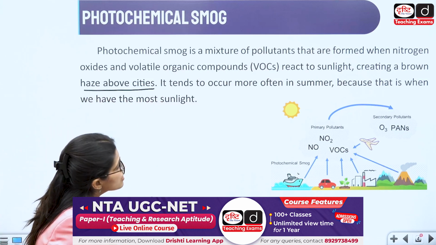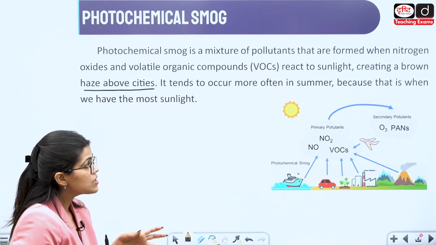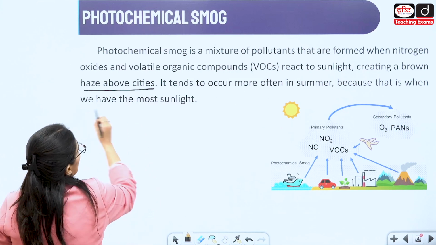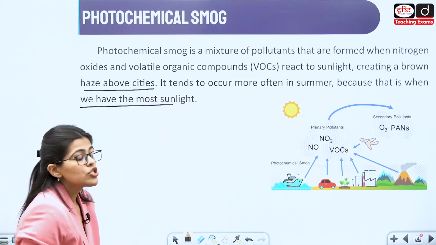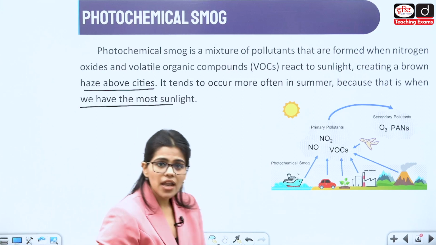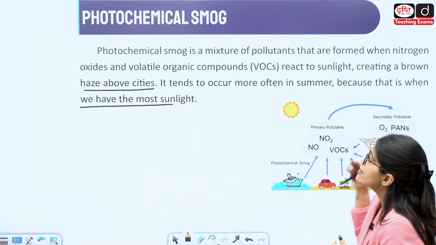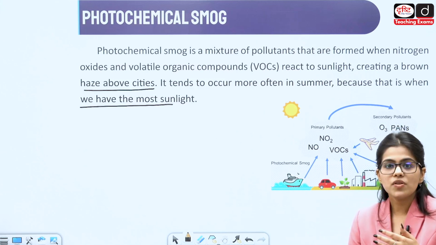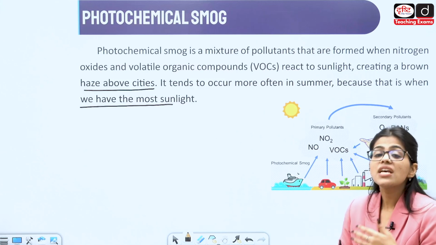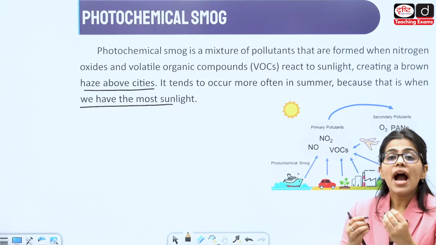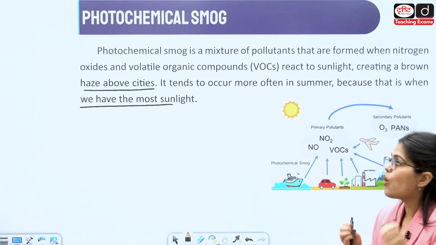It tends to occur more often in summer because that is when we have most of the sunlight. So the ultraviolet rays of the sun react with the nitrogen oxides present in the atmosphere and with the VOCs, and this creates a kind of thick layer that is called smog.